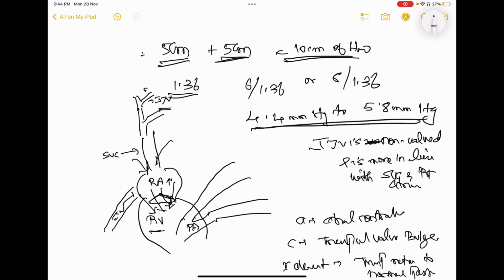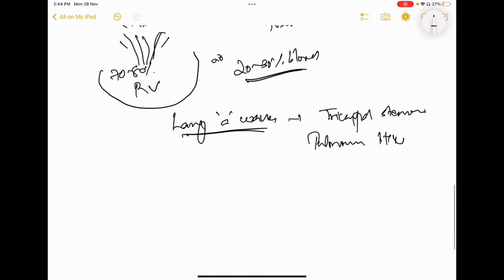So the right ventricle does not fill properly, and in order to fill the right ventricle, the right atrium has to contract more vigorously. So all these things will lead to back pressure. This back pressure gets transmitted all the way back to the IJV, and you have large A waves in tricuspid stenosis and pulmonary hypertension.